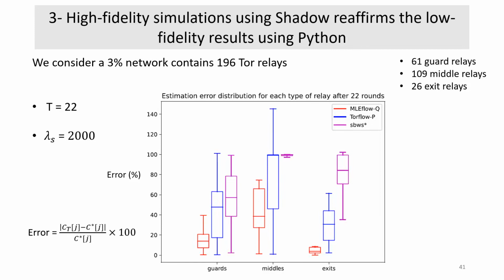As we can see, for the three different classes of relays, guards, middles, and exits, the error when using MLEFlow is much lower than when using TorFlow-P and SBWS, especially for exit relays, for example, where the error average was around 5% when using MLEFlow, while it was around 30% when using TorFlow-P and above 80% when using SBWS.